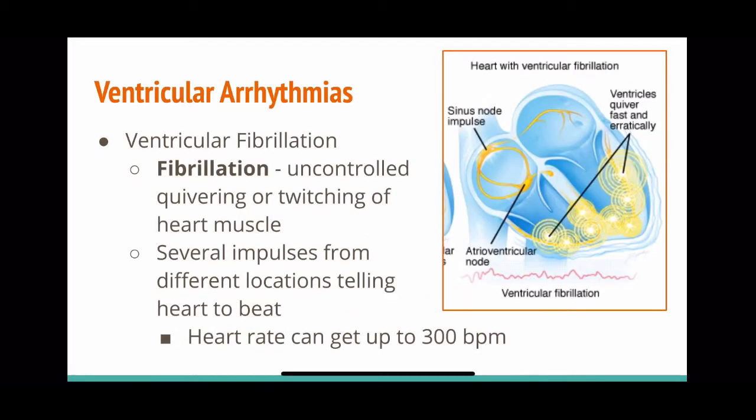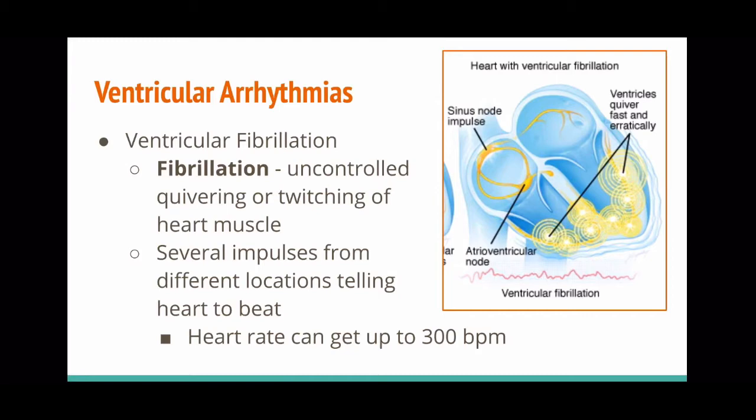The second type of ventricular arrhythmias is ventricular fibrillation. Fibrillation is one of your terms, and it means uncontrolled quivering or twitching of the heart muscle. So ventricular fibrillation is probably the most serious arrhythmia that we are going to talk about. It is an uncontrolled, irregular heartbeat.